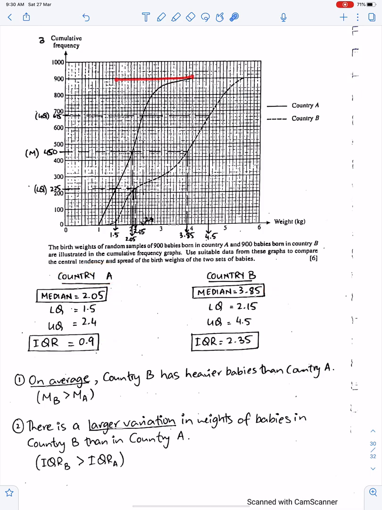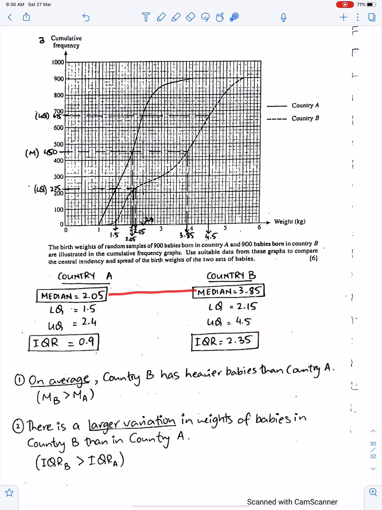You can easily get the median by taking half of this 900. 450, this is the median. And half of 450 is 225, this is Q1. And half of 450 and 900 is 675, this is Q3. I will discuss this more in detail in my next lecture, the representation of data. Well, these are the values of median and IQR for country A and country B.